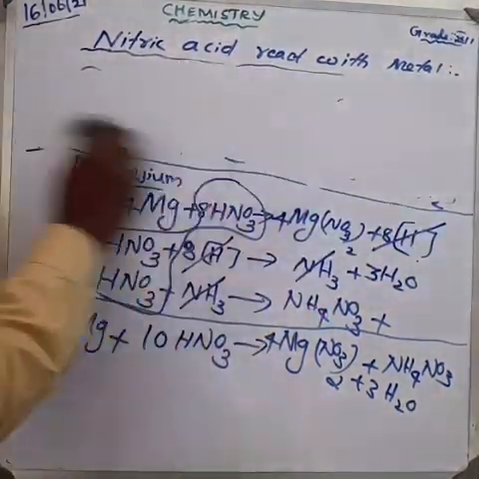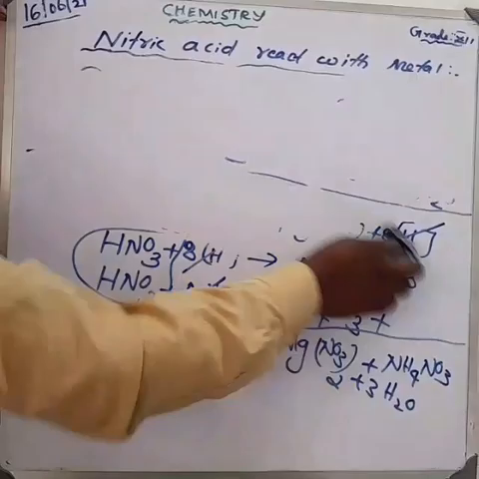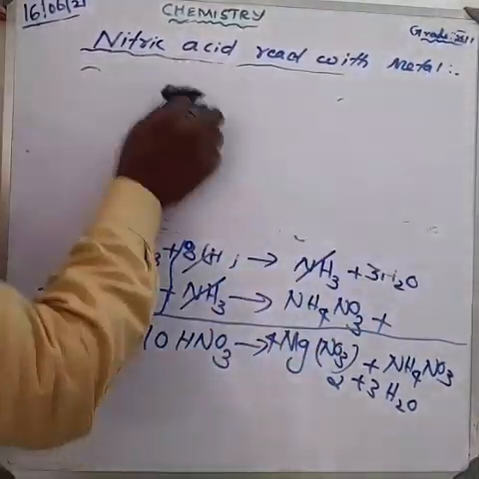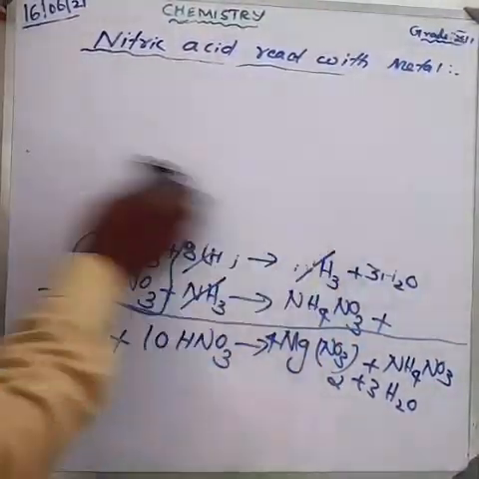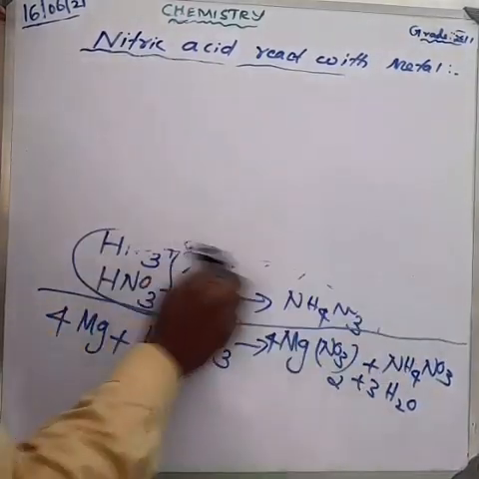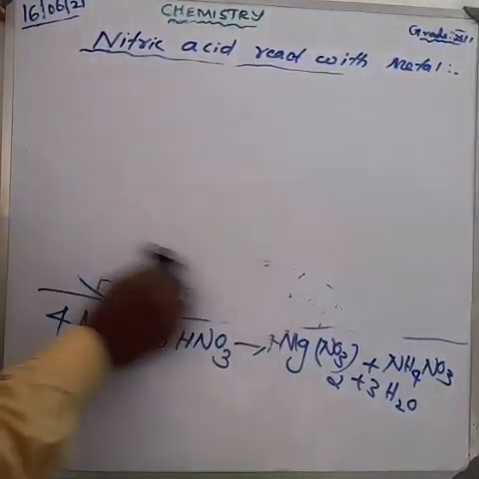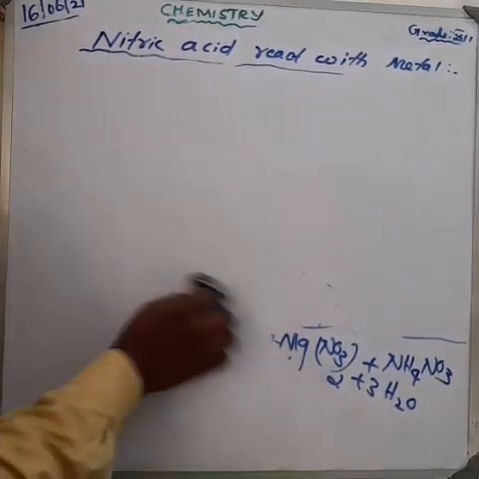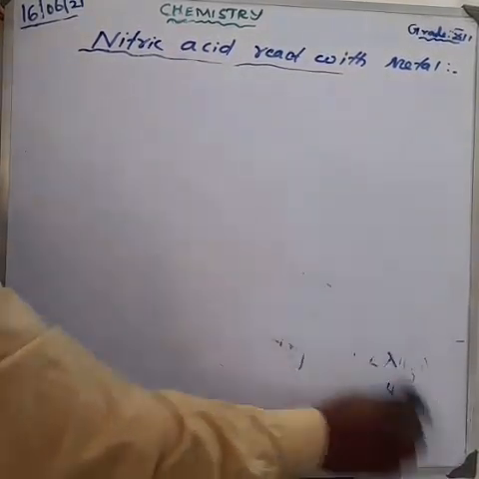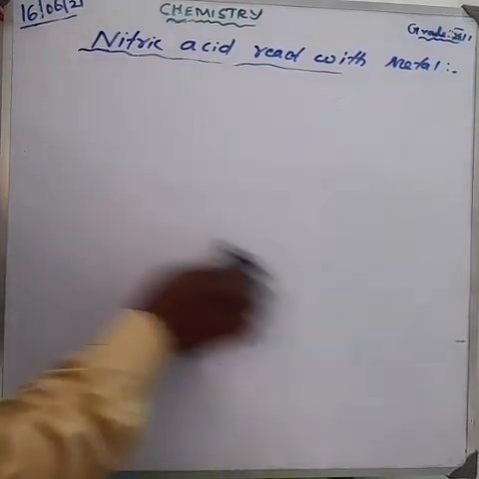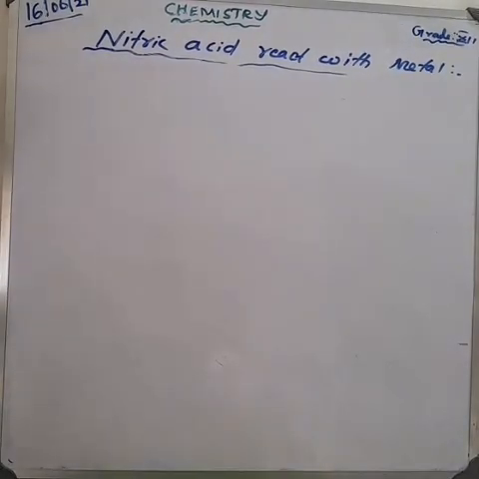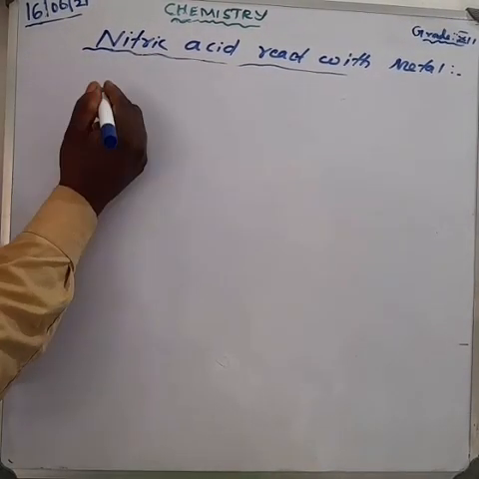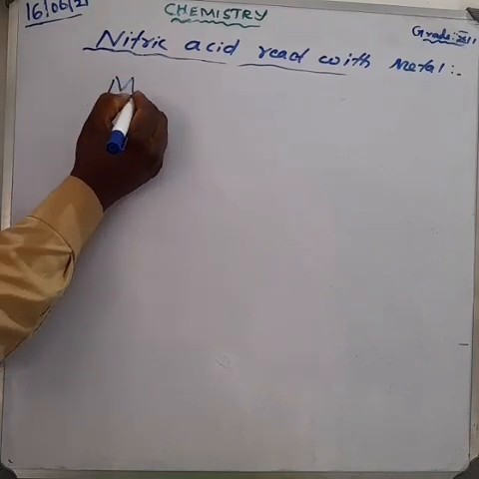Next one. If it is a very dilute acid, meaning the percentage is less than 5%, maybe 5%, we say very dilute acid. We get nitric oxide. Okay, sorry, we get nitrous oxide as one of the products.